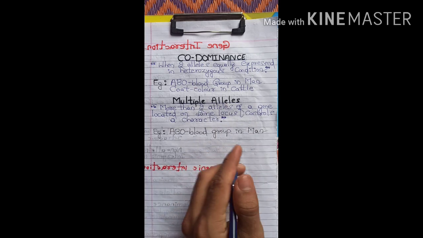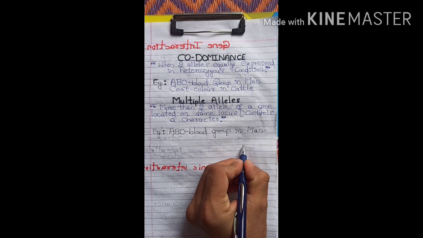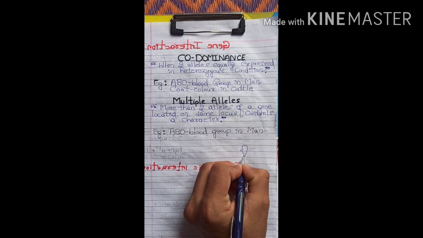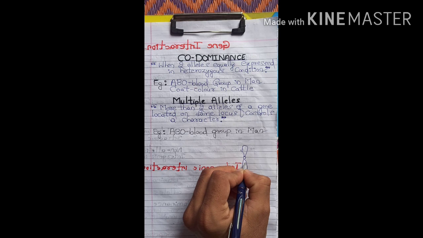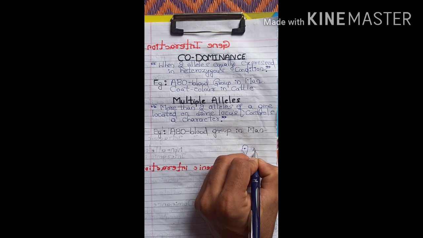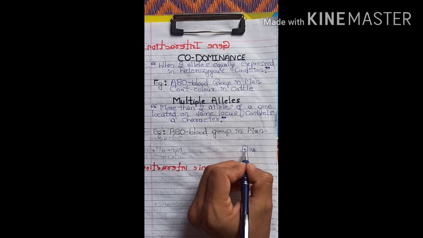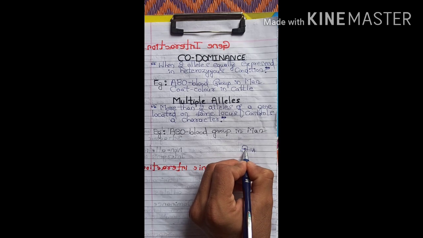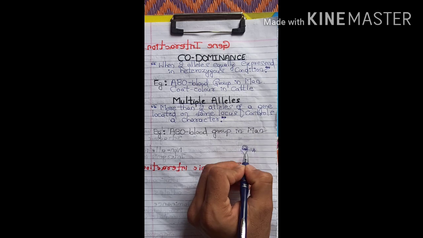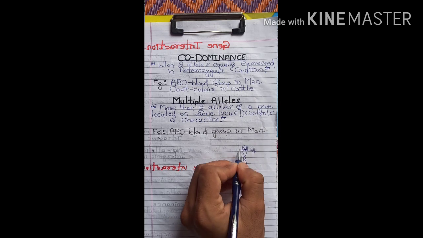Let me show. For example, imagine it is a chromosome. You can see here it is a gene called A. Another gene or allele is present nearby, and this is called the locus. So locus means the position of the genes on the chromosome.